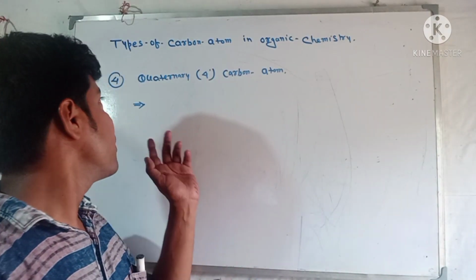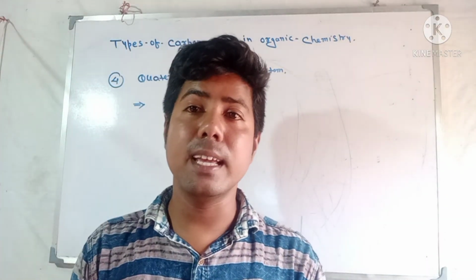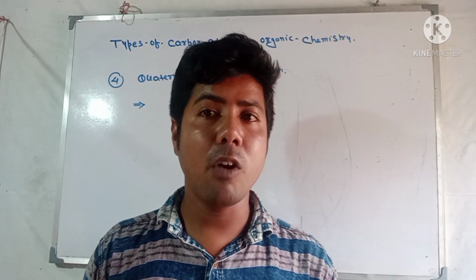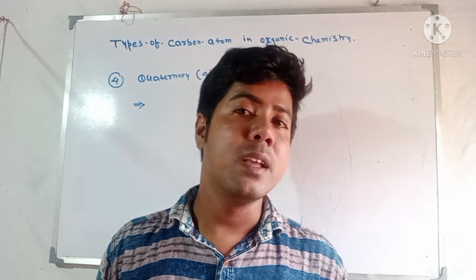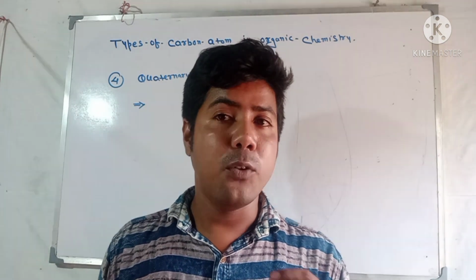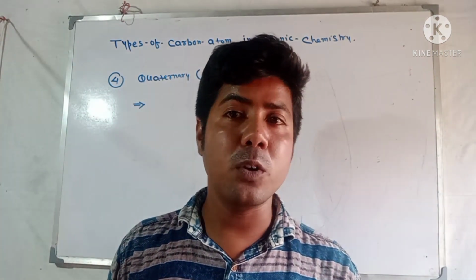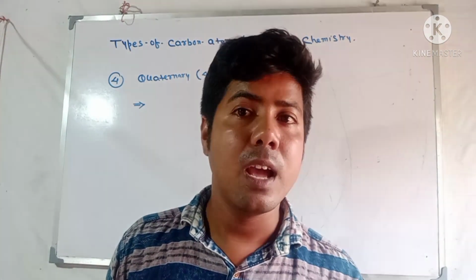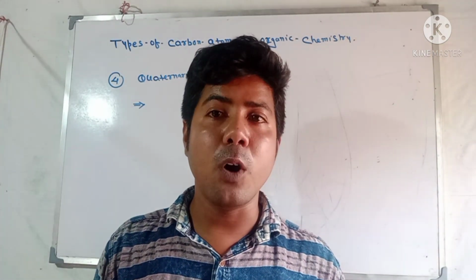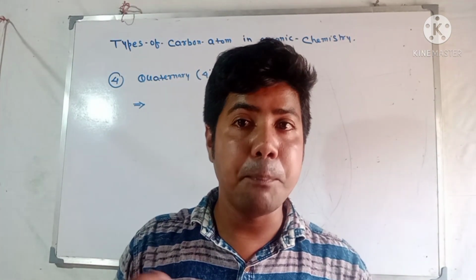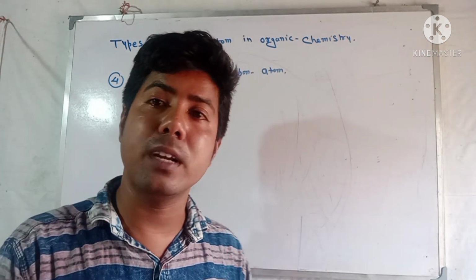Next, quaternary or 4 degree carbon atom. Firstly you have to know about it. The 4 degree carbon atom means the carbon which is attached with 4 carbons, that is, a carbon which completes its valency with 4 carbon atoms.